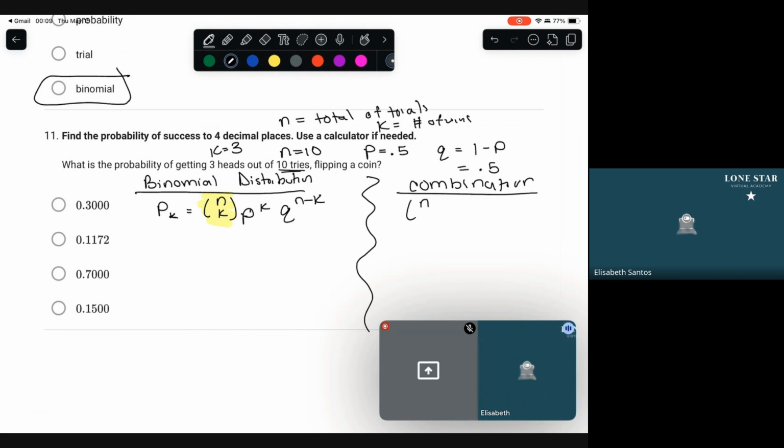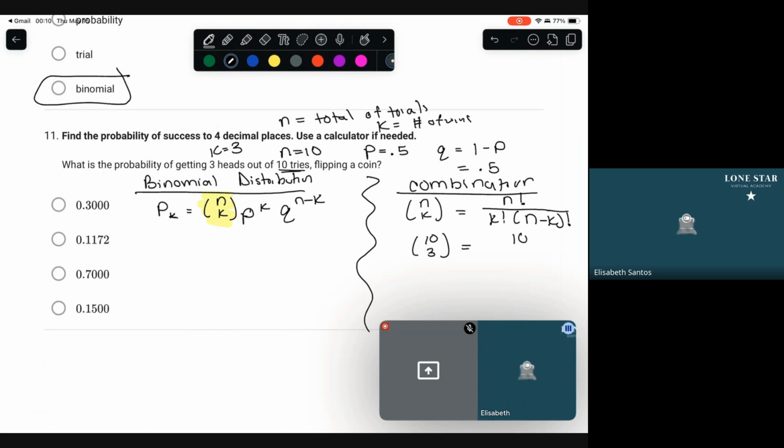The formula for a combination is n factorial all over k factorial times n minus k factorial. We already know what n is, 10, and k is 3. We're going to go ahead and find this first before we finish out the binomial distribution.